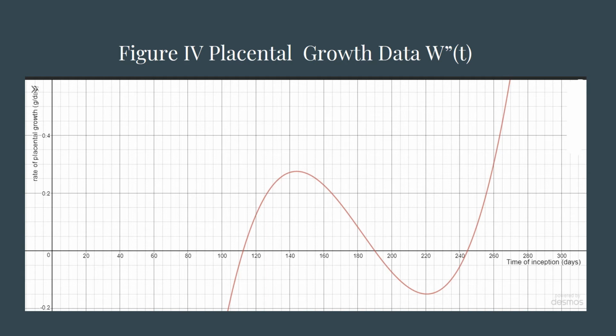The inflection points for the placenta can be seen at (112.517, 0), (189.966, 0), and (244.557, 0). The placenta is constantly gaining weight up until the point of birth, though it is also losing weight in smaller intervals as it gets to the point of birth.